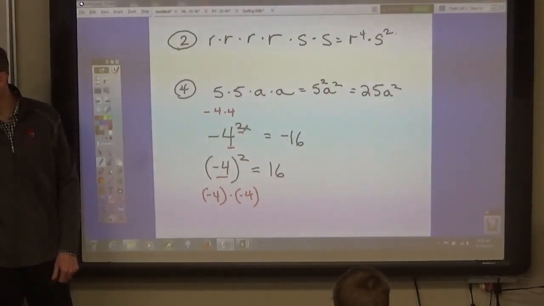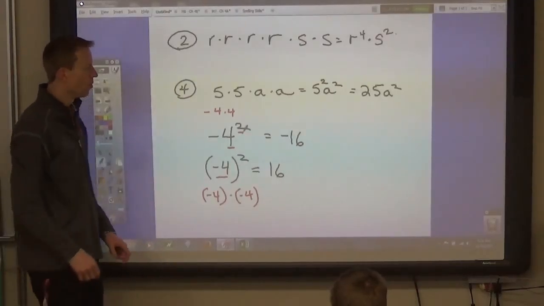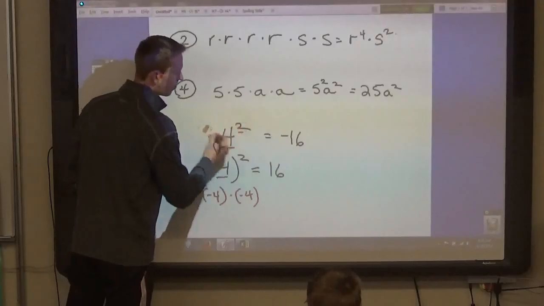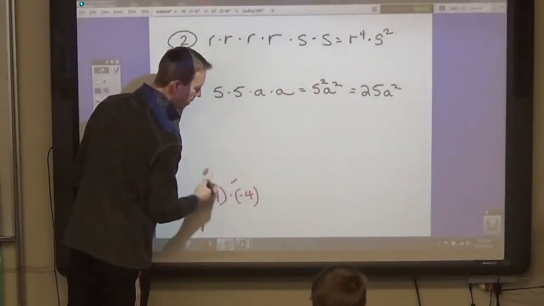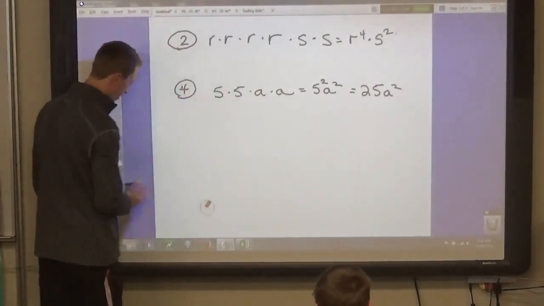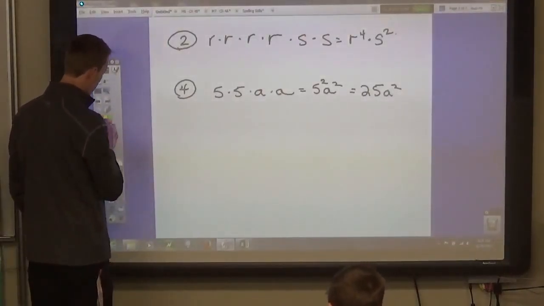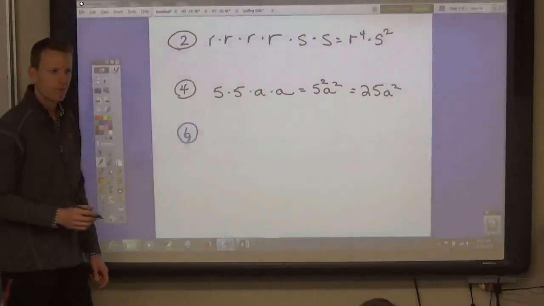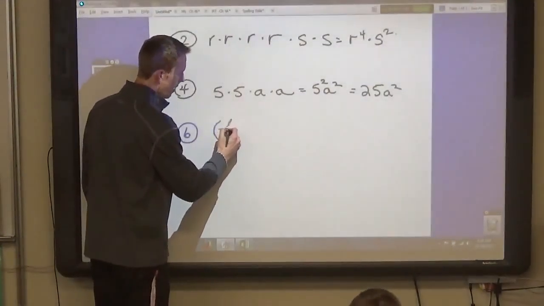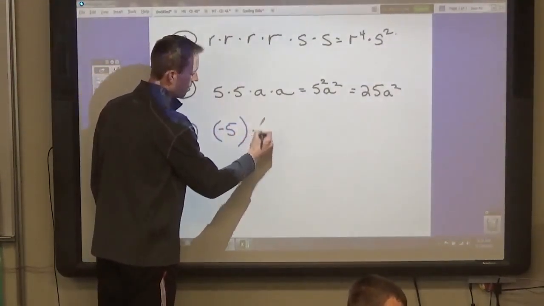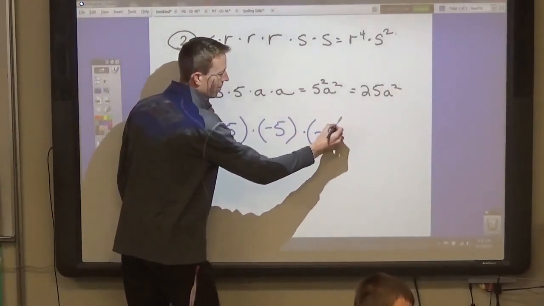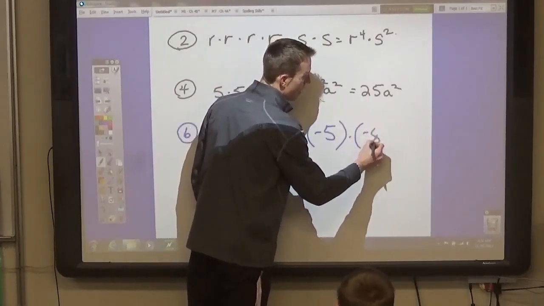Let's do number 6. How would you write number 6? How would you simplify number 6? Maddie? Negative 5 times negative 5 times negative 5 times negative 5, right?